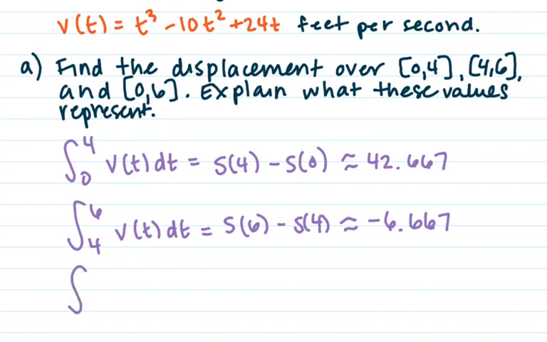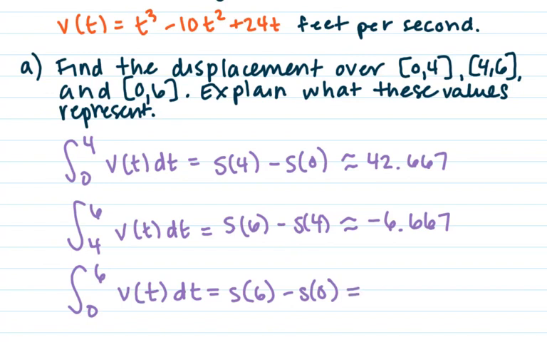And then they want from 0 to 6, so all together. So really we can see where this is going, having already done those first two. Okay, and this one is exact because they each had the 0.6 repeating. And we're basically just adding these, right? So the positive plus the negative, and it comes out to an even 36.